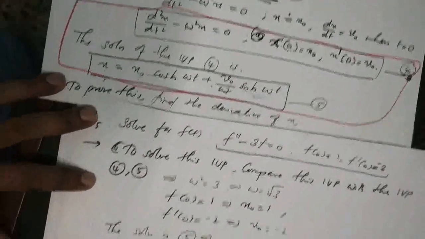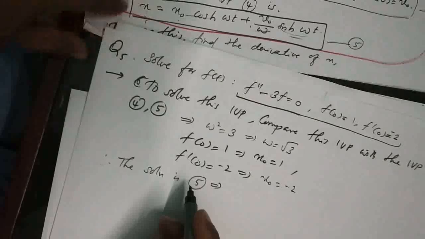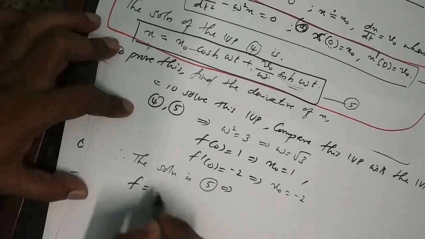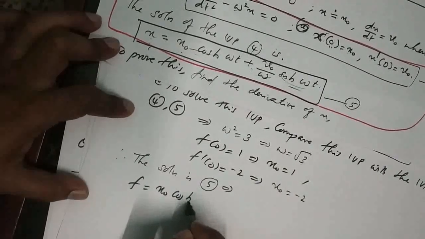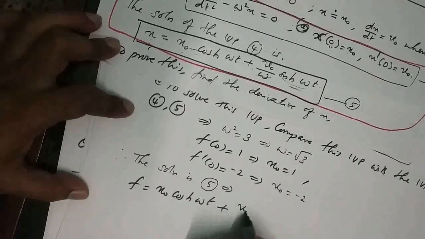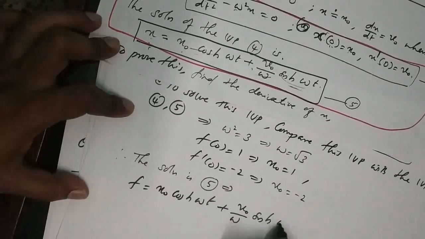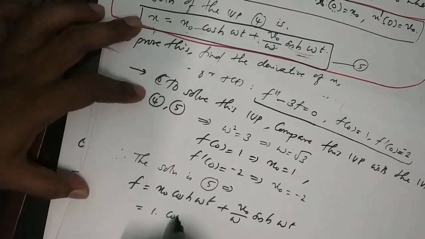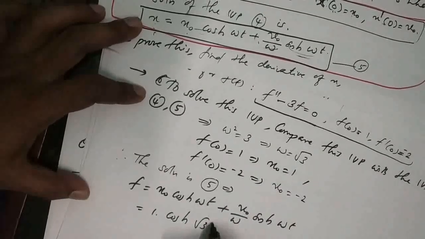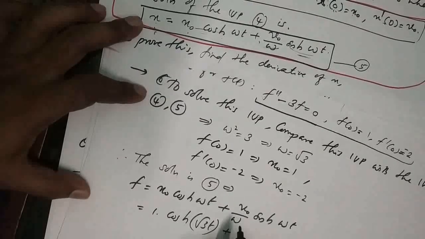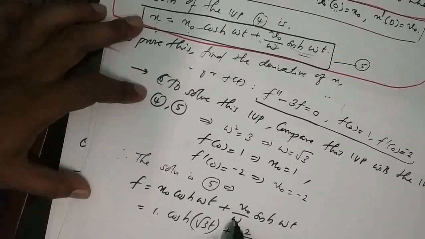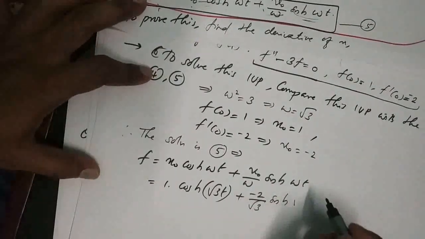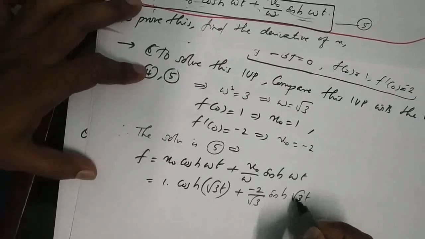So f = 1·cosh(√3 t) + (−2/√3) sinh(√3 t).